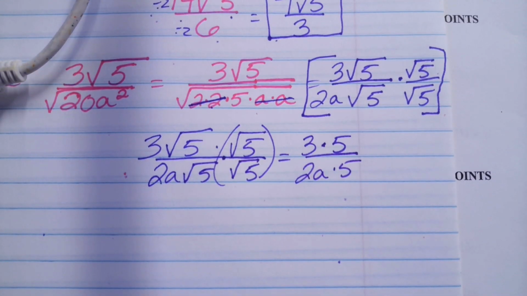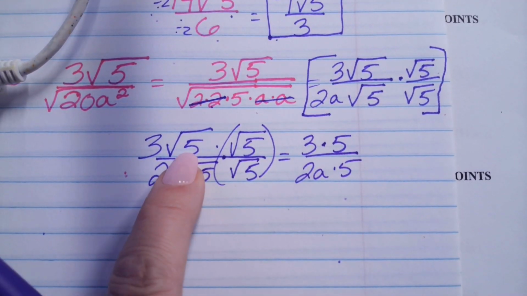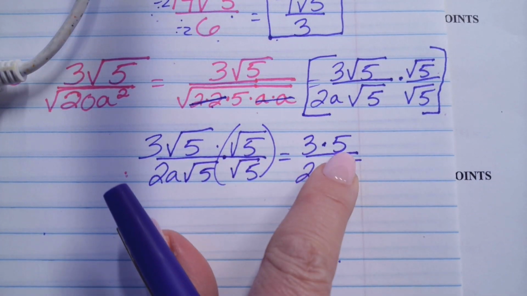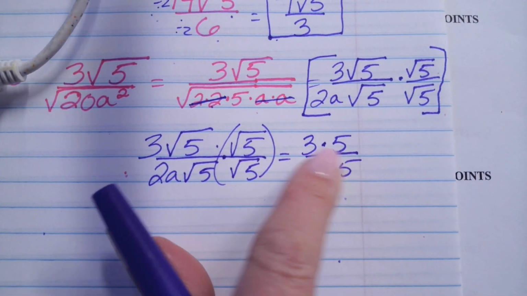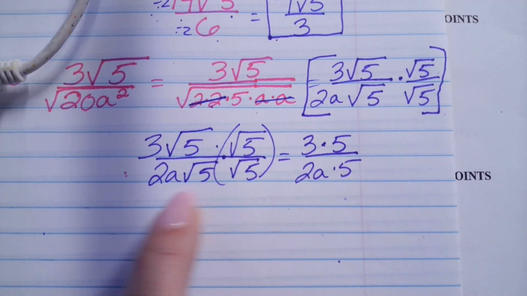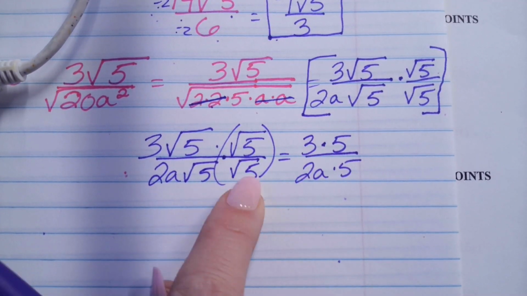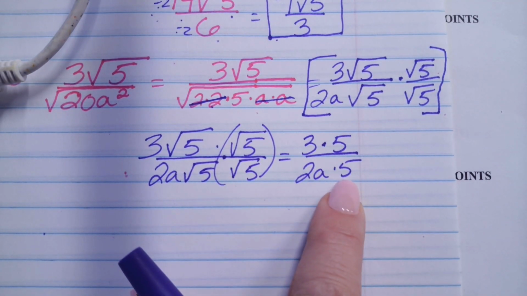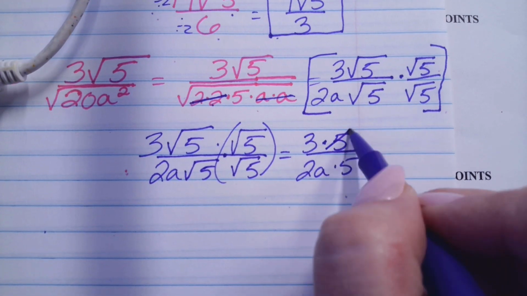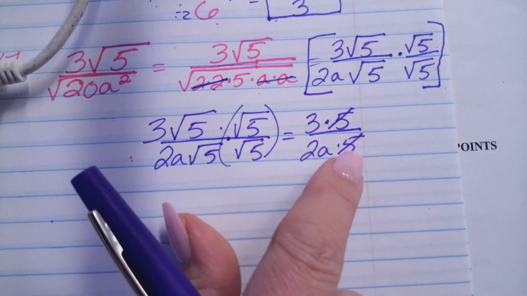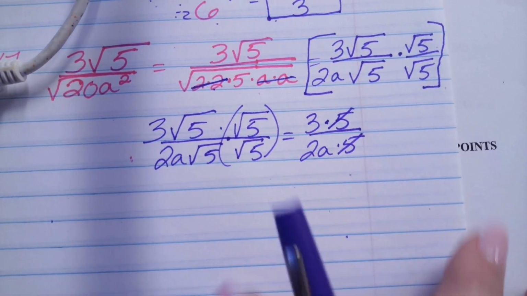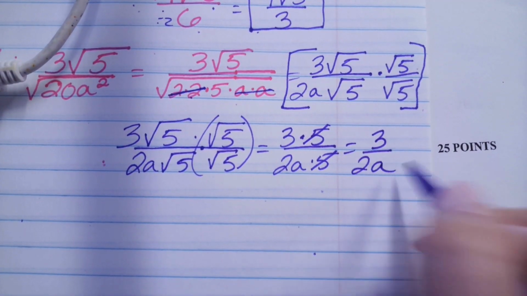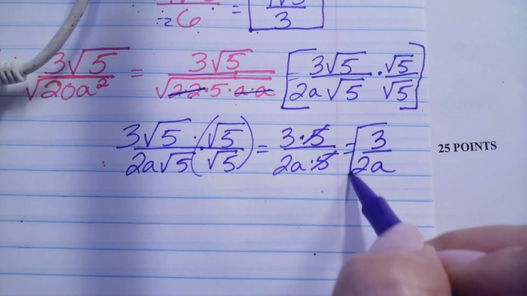Did you get this far? Radical 5 times radical 5 equals radical 25, which equals whole number 5, right? So that's 3 times 5. Down below, radical 5 times radical 5 equals radical 25, which equals whole number 5. Okay, reduce, simplify. 5 divided by 5, mark them out. They cancel each other out. And what are we left with? 3 over 2a. This is the final answer, simplified.